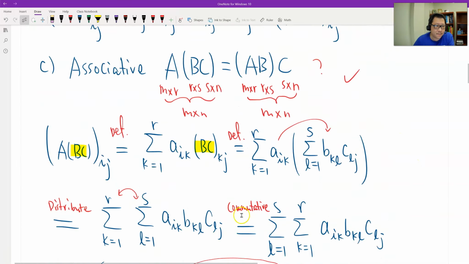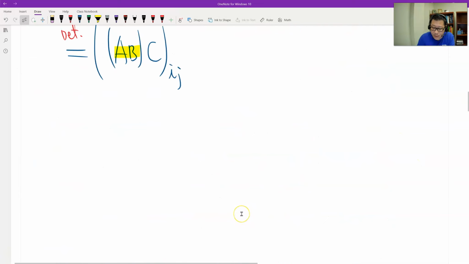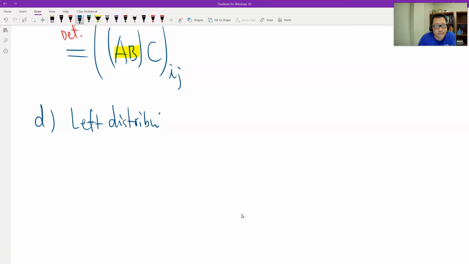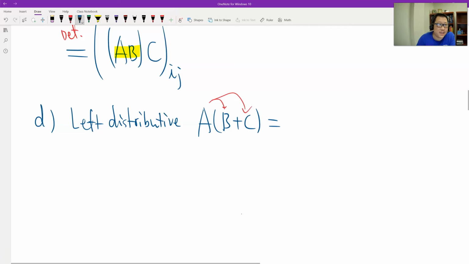Number D. Okay, so let's prove D. D is the left distributive law, which is A times (B plus C) equals. So we can distribute. This should be AB plus AC. Why? Let's get to the question.